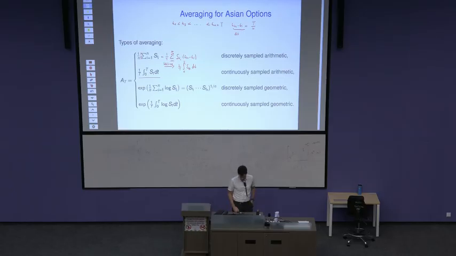And the second way would be to consider geometric averaging. Geometric averaging is what is standing here. So I just consider the product of the asset values I observe and take everything to the power 1 over n. So I have S_t1 times until S_tn to the power 1 over n. And this is the same as e to the power log of the same thing.